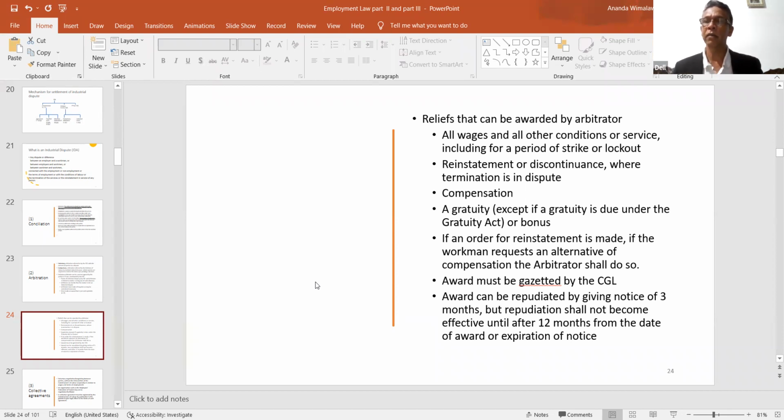Then both parties, the workers on strike and the management, must maintain status quo, meaning the workers on strike must report to work immediately. The employer cannot harass such workers. The employer must open the gate and accept them as workers until the arbitration award is granted. That is what we mean by status quo.